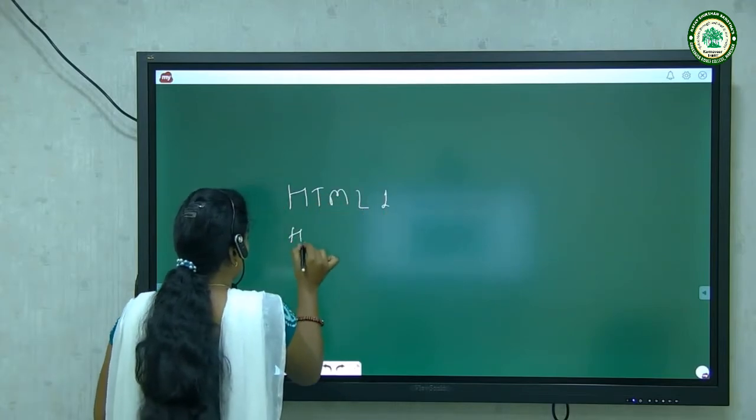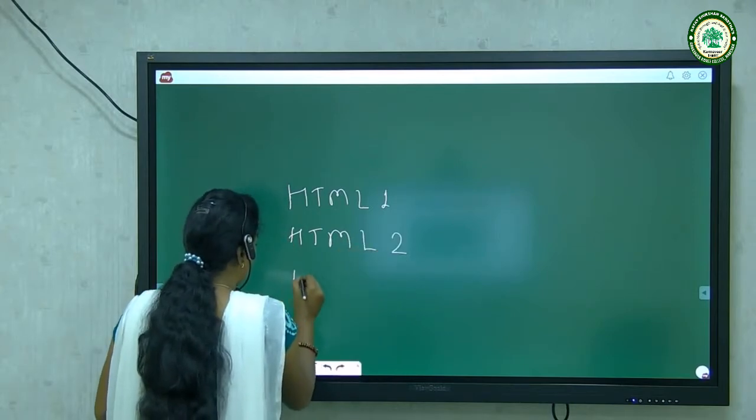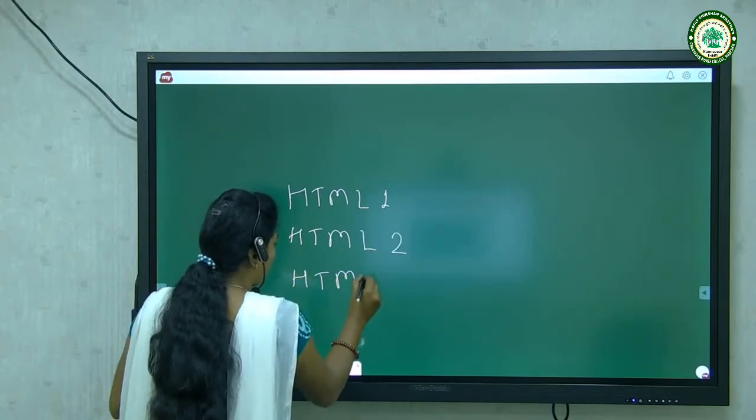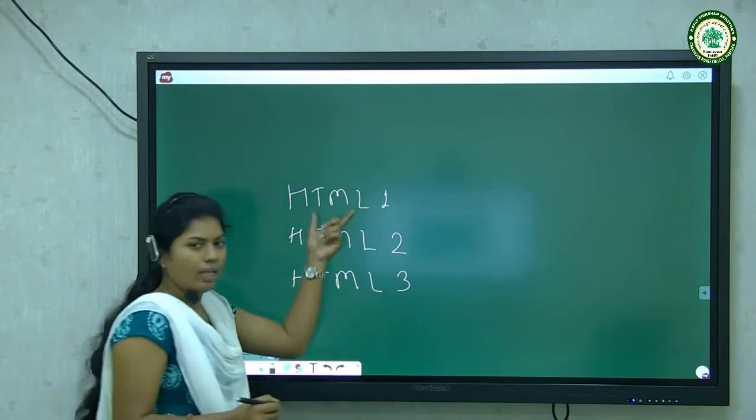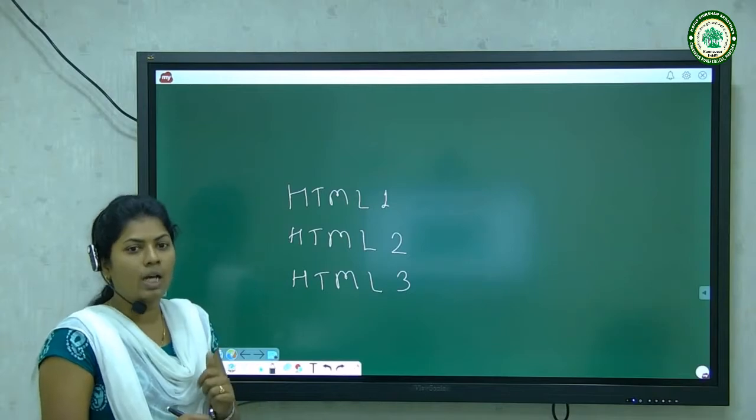HTML1, then HTML2, then HTML3. We create three HTML files: HTML1, HTML2 and HTML3.